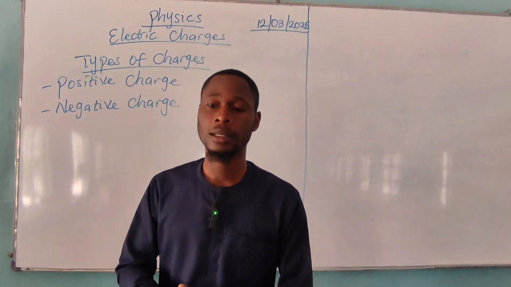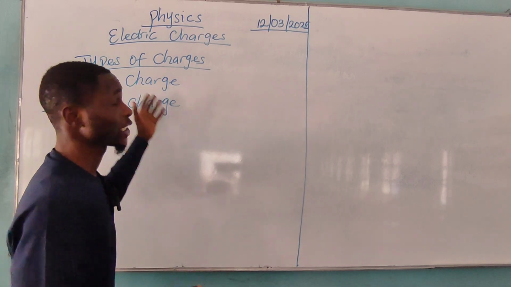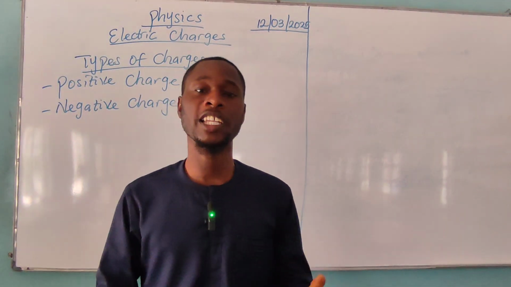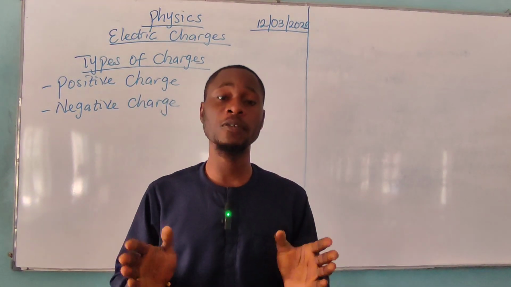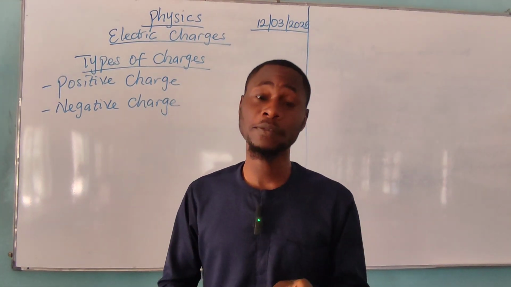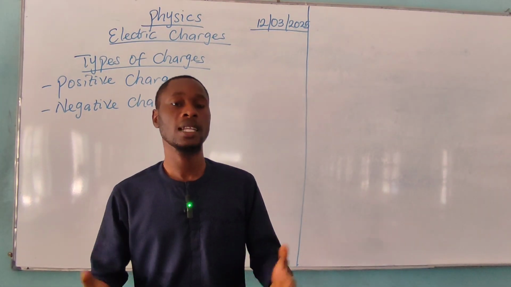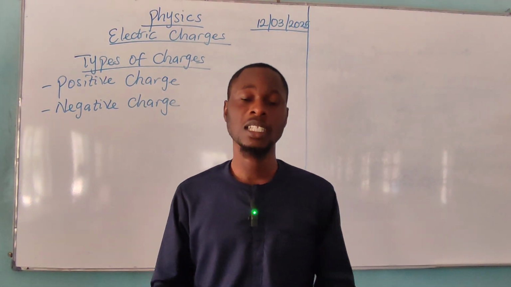All right, welcome back. Now, we'll be looking at the types of electric charges. Basically, we have two types of charges: the positive charge and the negative charge. Let's start with the positive charge.